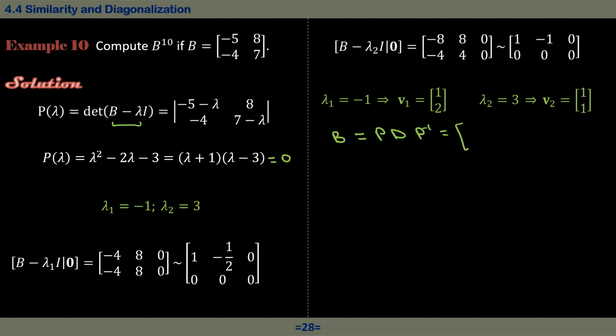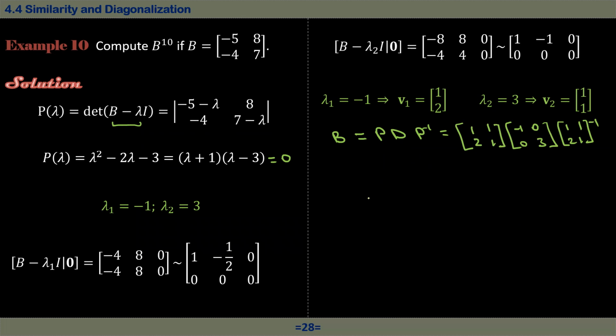What is P? These are just the columns of P, V1 and V2. Here we have 1, 2, and 1, 1. And what is D? Here we have lambda 1, which is negative 1, 0, 0, lambda 2, that is 3. But make sure that you're writing this in the right order. And here we have the inverse of P, that is the inverse of 1, 1, 2, 1.